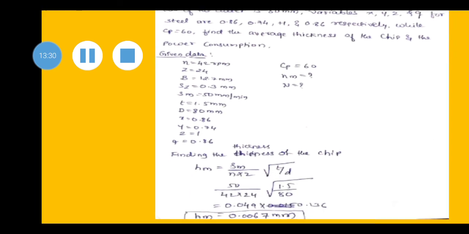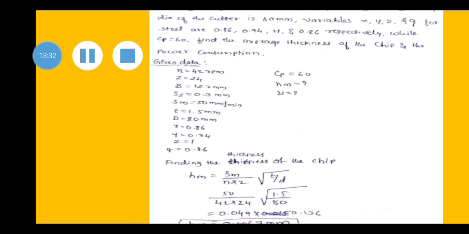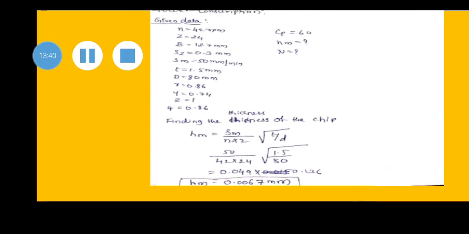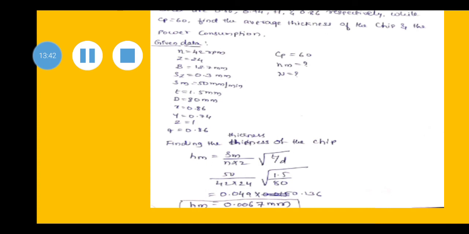The formula is HM is equal to SM divided by N into Z, square root of T divided by D. SM is 50 divided by 42 into 24, into square root of 1.5 divided by 80. So the answer is 0.049 into 0.136, HM is 0.0067 mm.